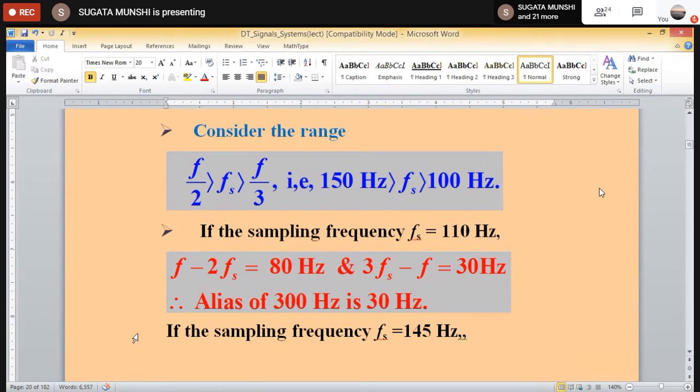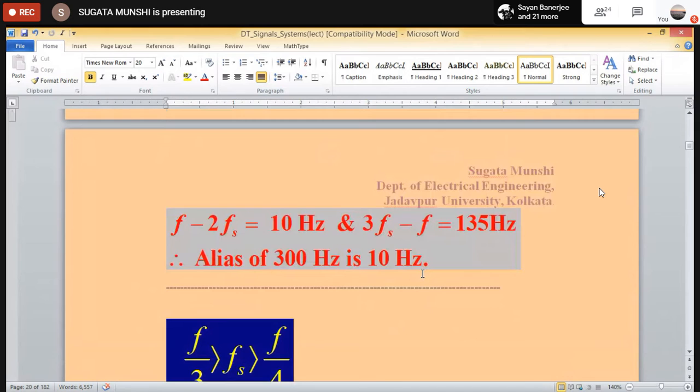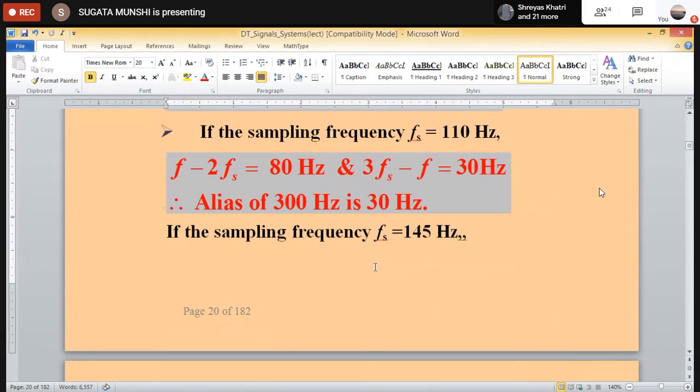So f minus 2fs will be 10 hertz. 3fs means how much? 435 hertz. 435 minus 300 is 135 hertz. All right. So here the alias of 300 hertz will be 10 hertz in this case.